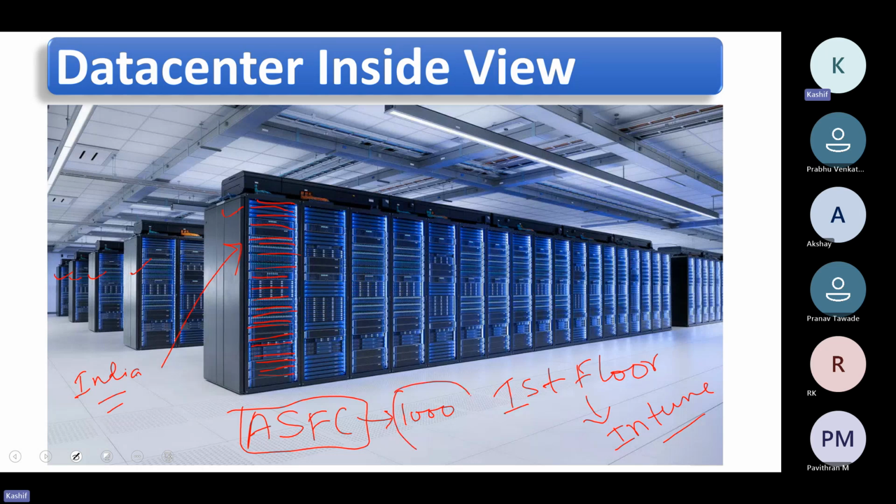And in that 1000 racks, you have like, let's say 50,000 high configured servers. So the combination of this is called a cluster, Azure Service Fabric Cluster. And that will be dedicated to Intune, right? This is how Microsoft is designed in the backend.